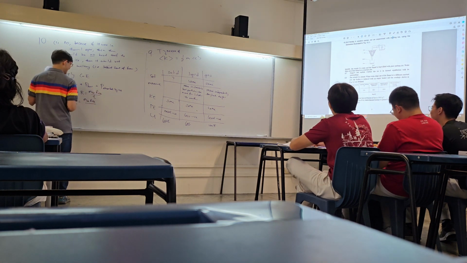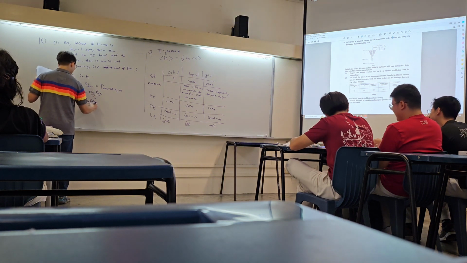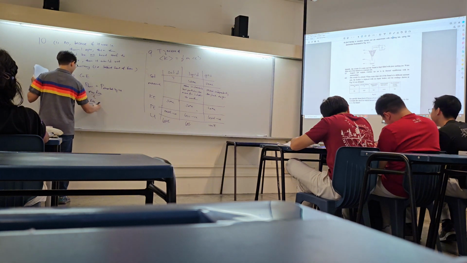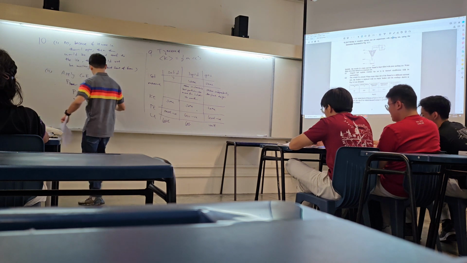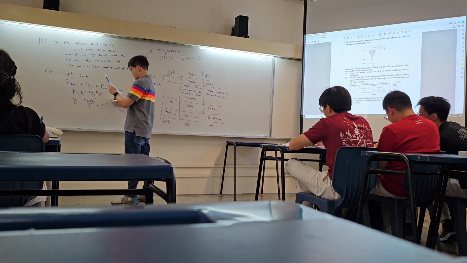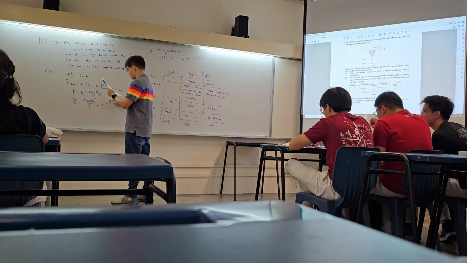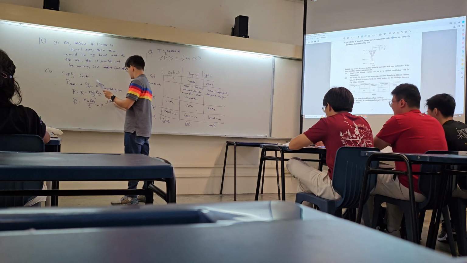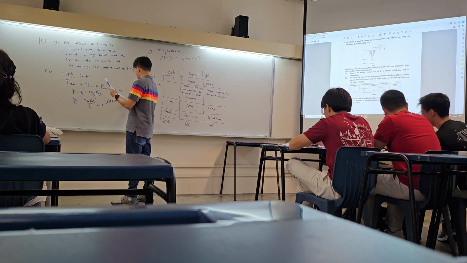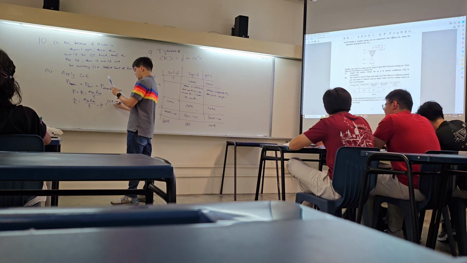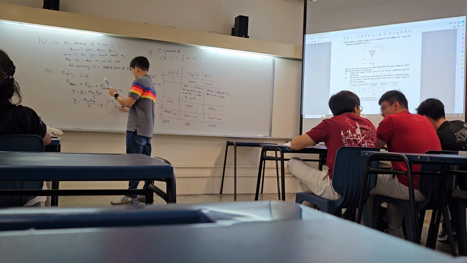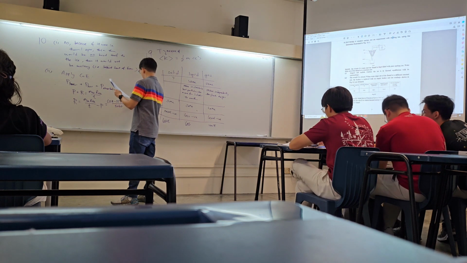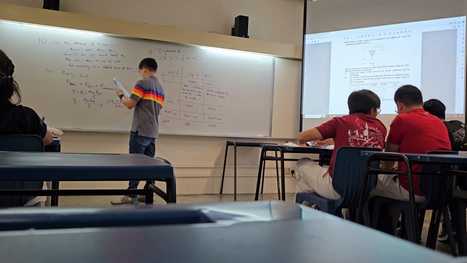Nice. Right, so it's L of ice. Then we'll do our substitution. Mass is 114. Latent heat. Time, 5 minutes minus 12.